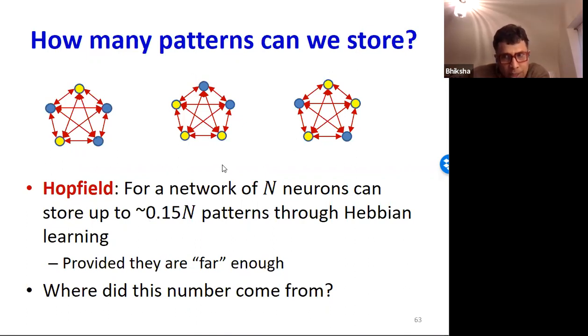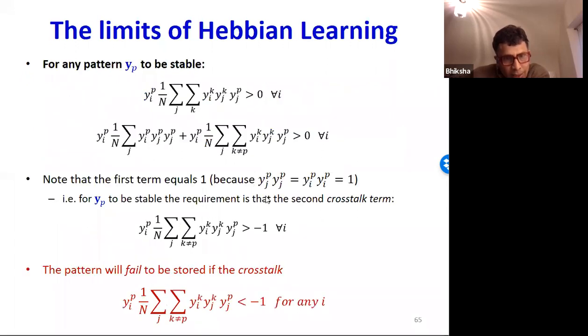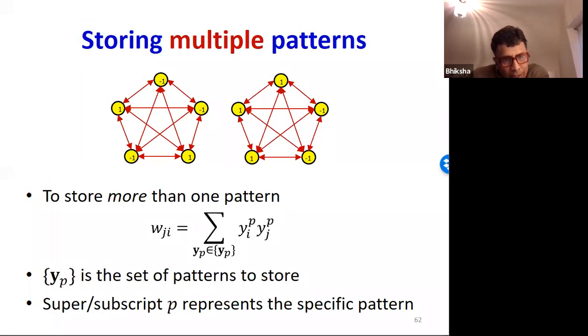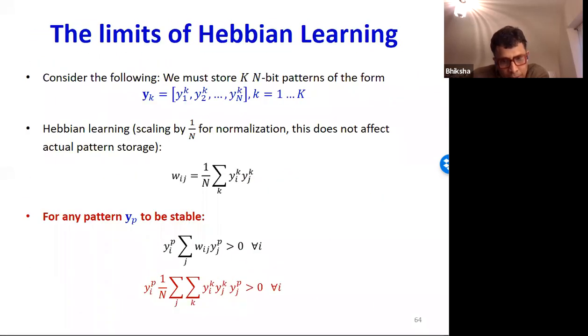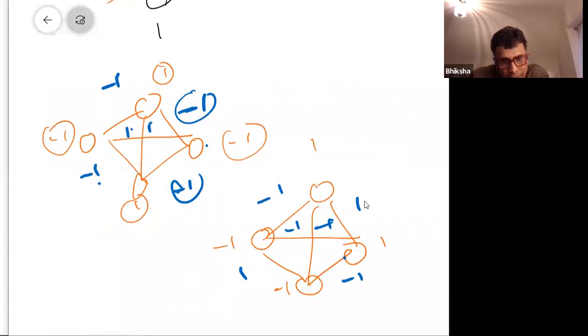As you increase the number of bits, you can store more and more patterns, but the upper limit is 0.15 n. Where did this 0.15 n number come from? He worked out the arithmetic, right? I'll skip all of the arithmetic over here, but remember, it goes back to this figure over here. This is the set of weights I want to store this pattern. This guy is the set of weights I want to store this pattern.